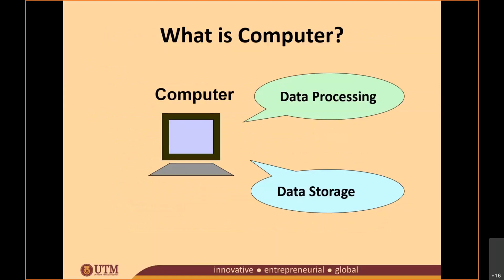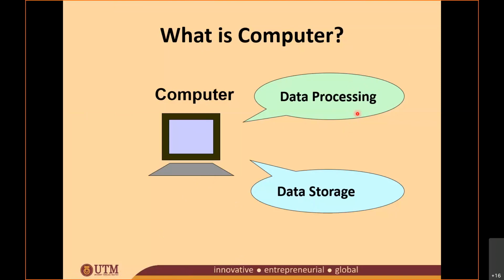A computer is actually an electronic device for storing and processing data, typically in binary form, according to the instructions given to it in a variable program. So the computer is used to store data and to do data processing.